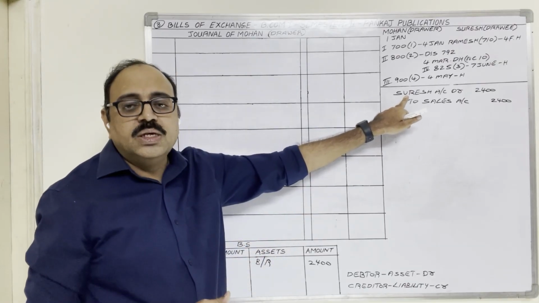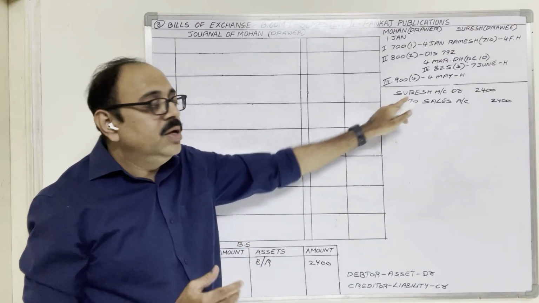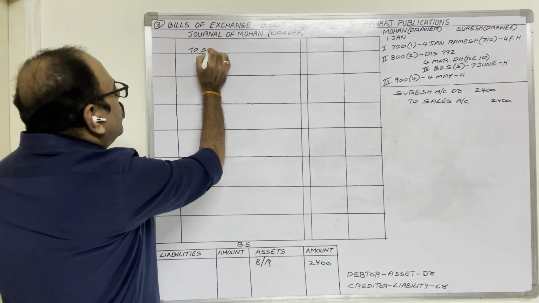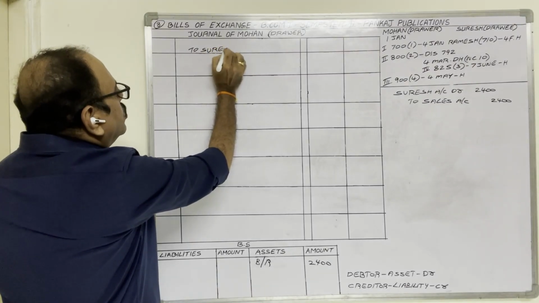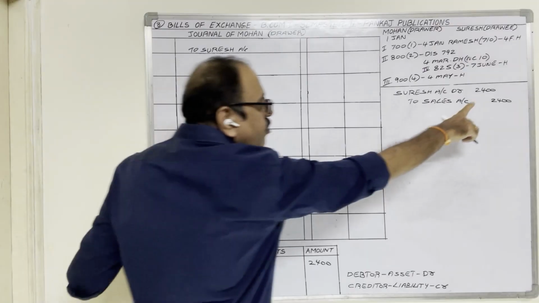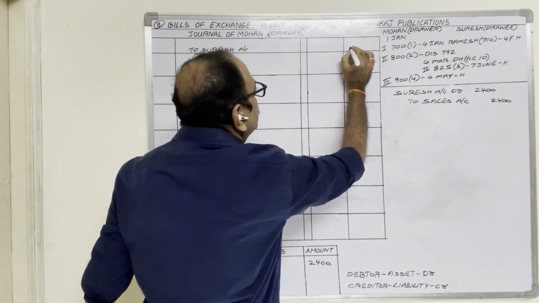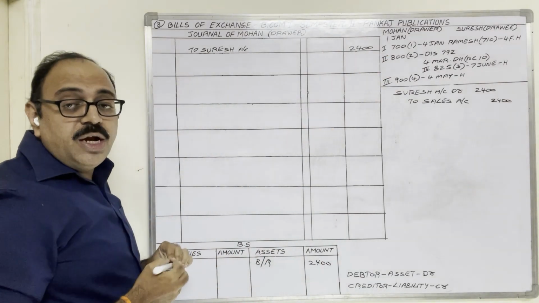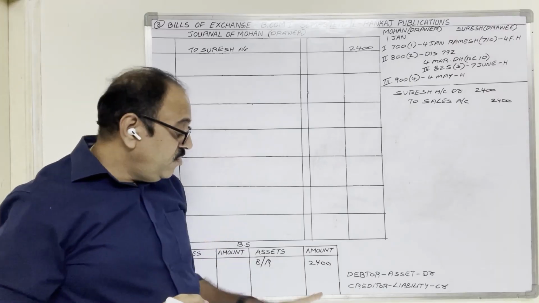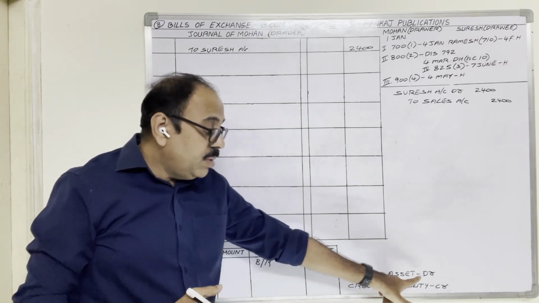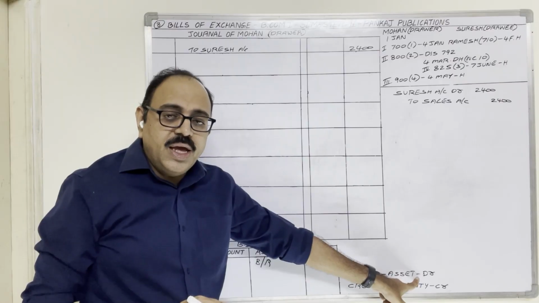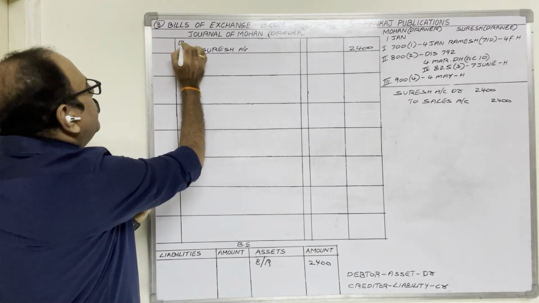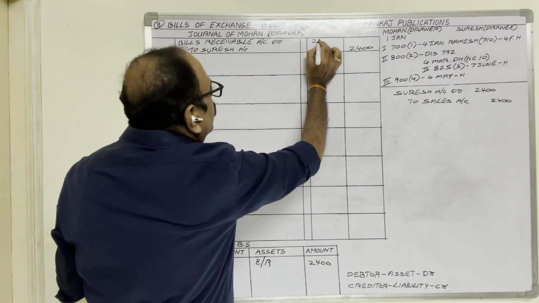By debiting Suresh. How to cancel? By crediting. Therefore, in the first entry, we have to credit Suresh account. We created Suresh account with 2,400, so we have to cancel it with the same amount, 2,400. Then which account should we debit? A new asset, bills receivable, we are creating. An asset shows a debit balance. So if you want to create any asset account, you have to debit that. Therefore, we have to debit the bills receivable account. Amount is the same, 2,400.